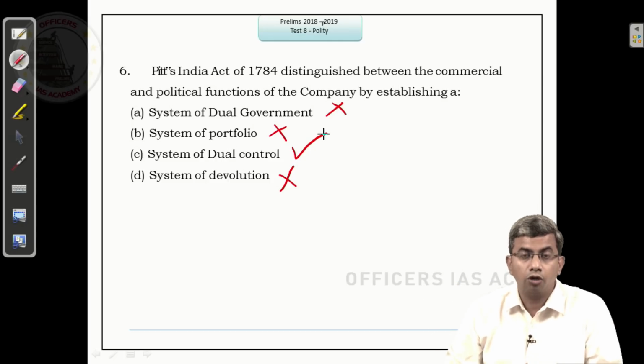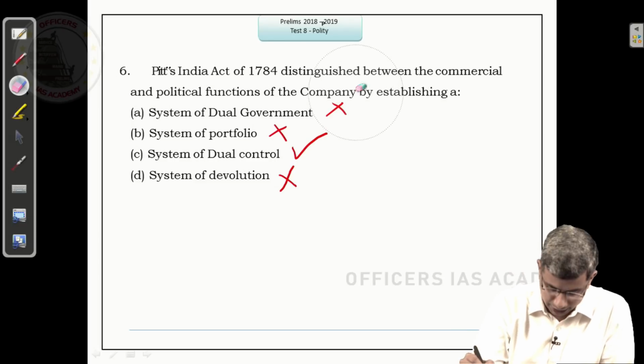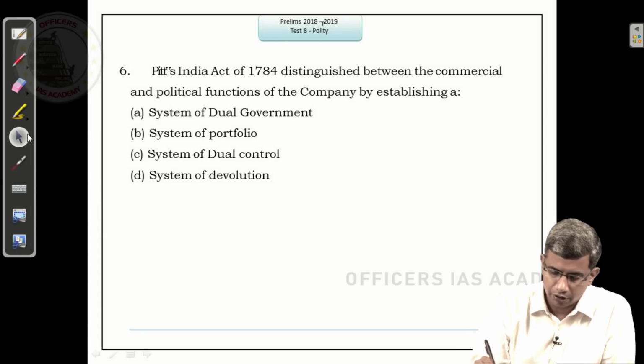So that is the dual control which was introduced in the Pitts Act of 1784. So the correct answer is C.